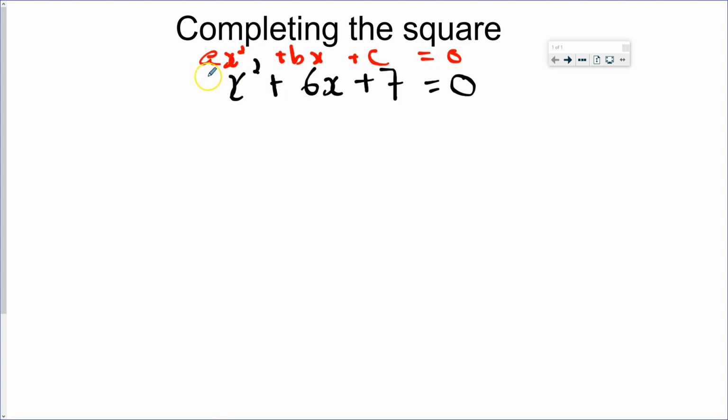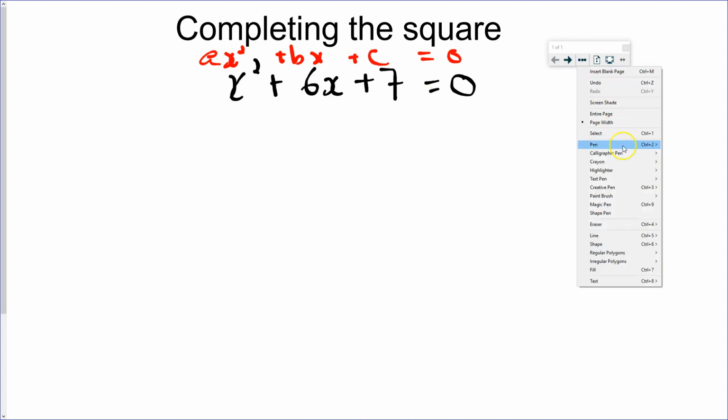Here the coefficient a is equal to 1, the coefficient b is 6, and the coefficient c is 7. For completing the square, one of the coefficients is very important, and the most important one is b. Everything starts with b, and you are going to use this coefficient to help form that perfect square.